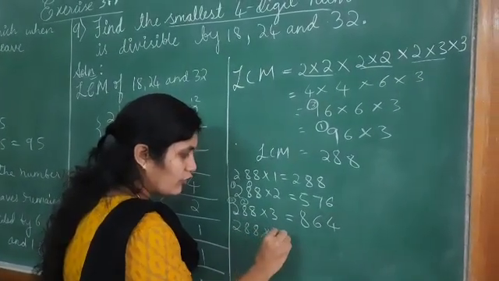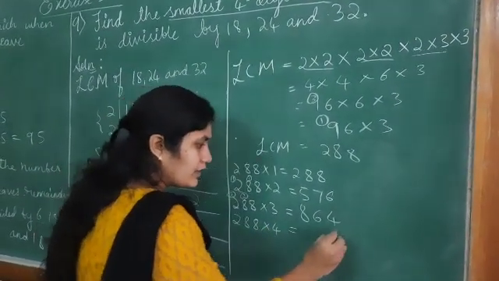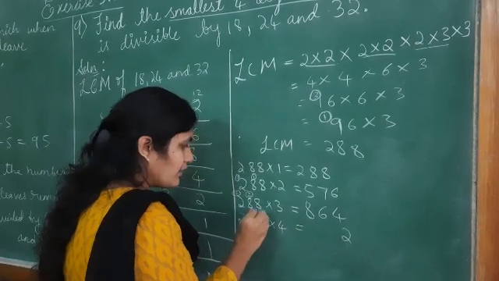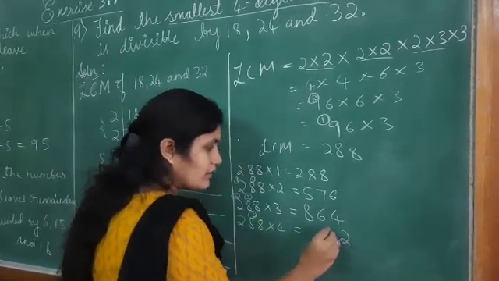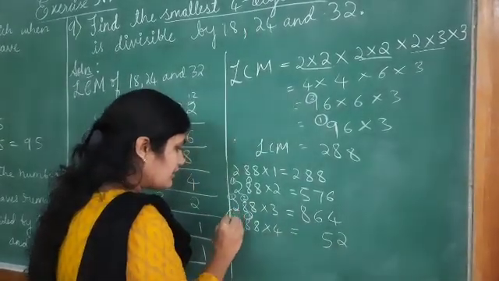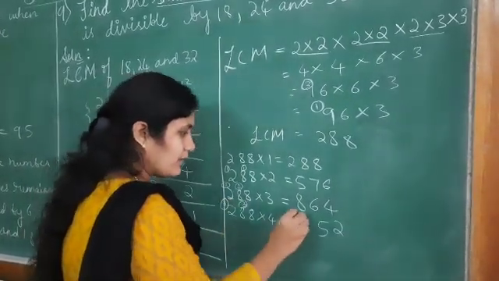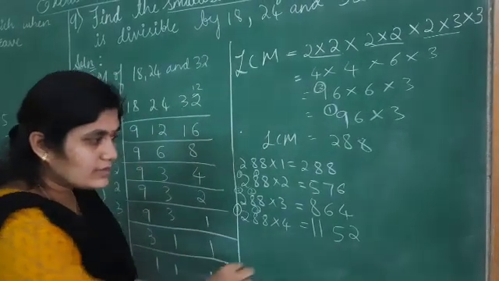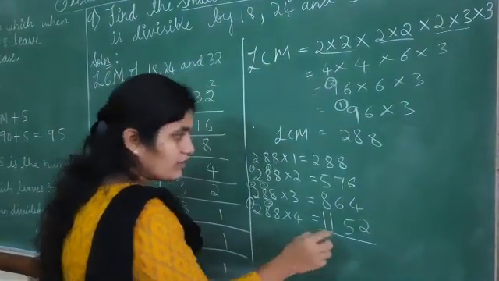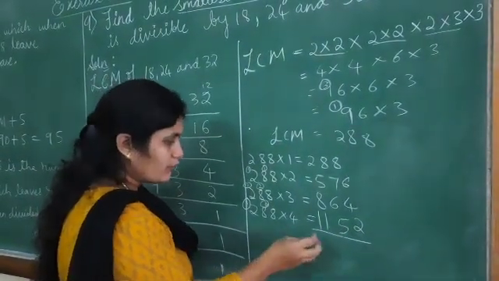288 into 4. 4 8s are 32, carry 3. 4 8s are 32 plus 3, 35, carry 3. 4 2s are 8 plus 3, 11. So this is the smallest 4-digit number. So let me stop the list of multiples here.